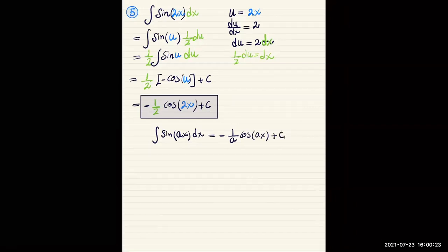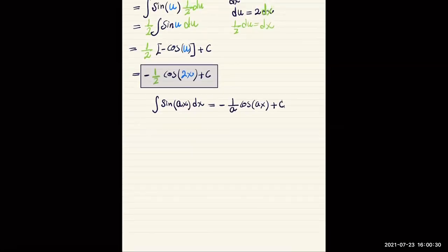So if this was a 3x, you end up with -1/3 in front. Okay, same goes for cosine. The antiderivative of cosine of ax is 1 over a sine of ax. The antiderivative of cosine is sine.